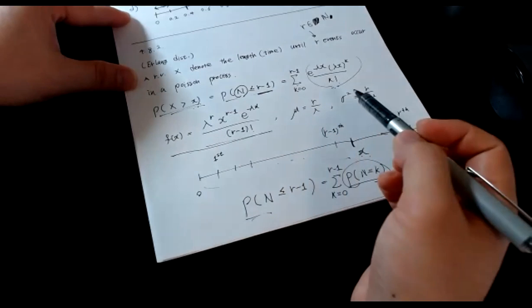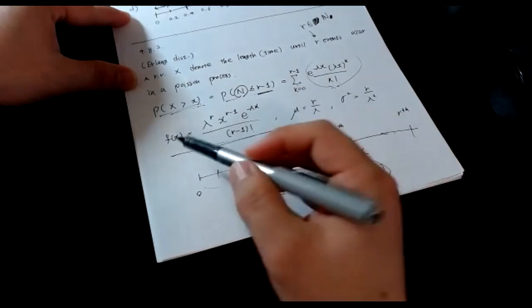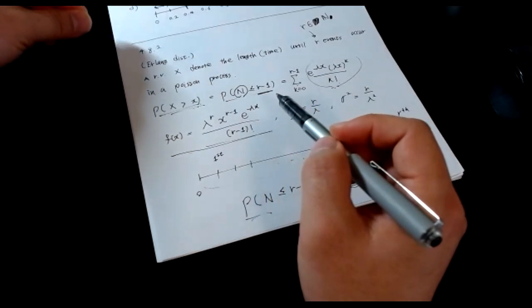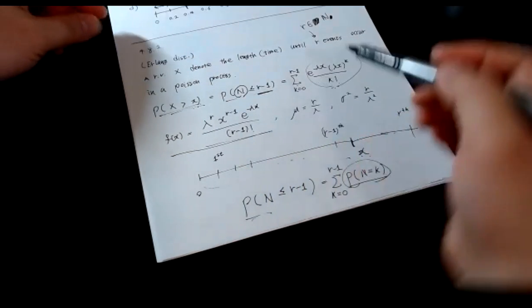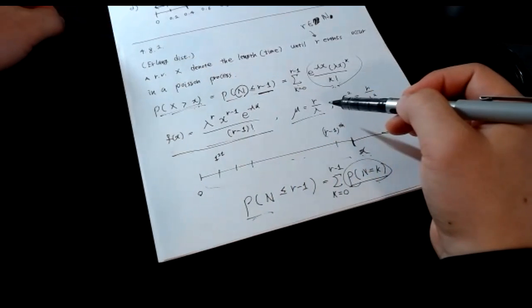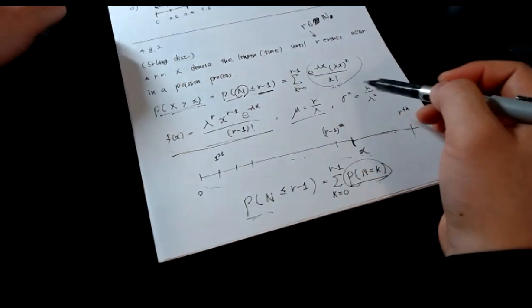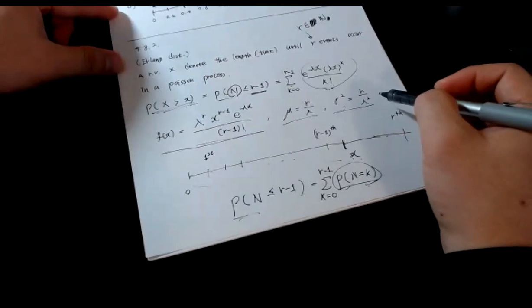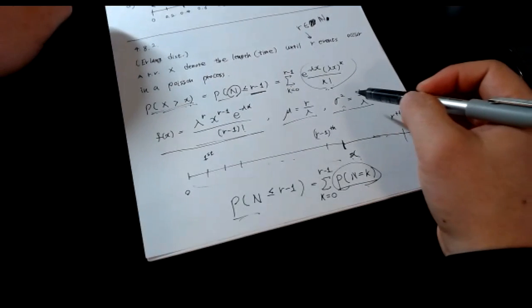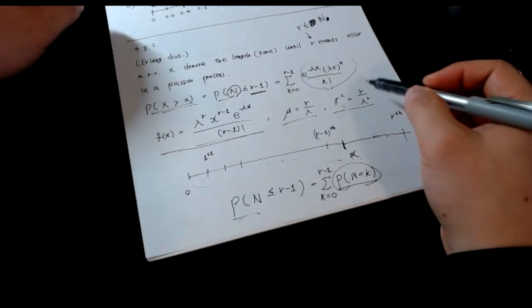If r equals 1, that PDF is going to be exactly the same as the PDF in an exponential distribution. And then mu is r over lambda. By the way, in an exponential distribution, mu was 1 over lambda. And the variance is r over lambda squared; in the exponential distribution, the variance was 1 over lambda squared.